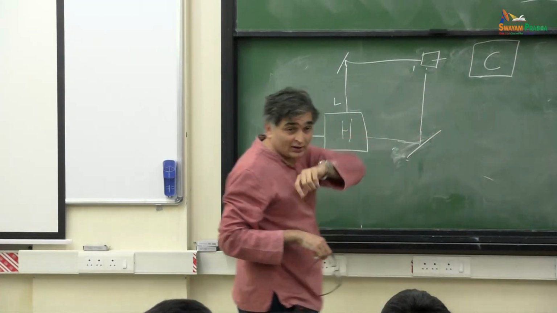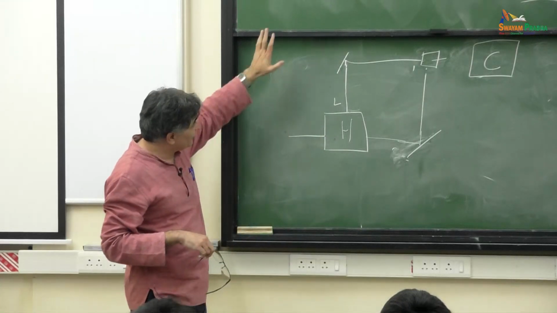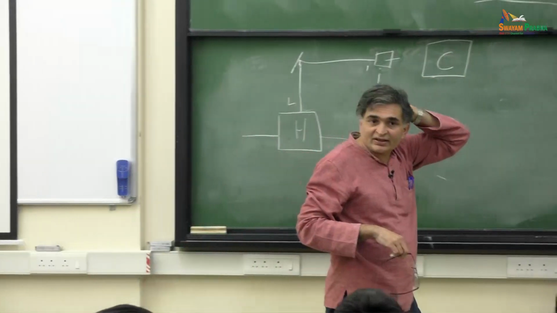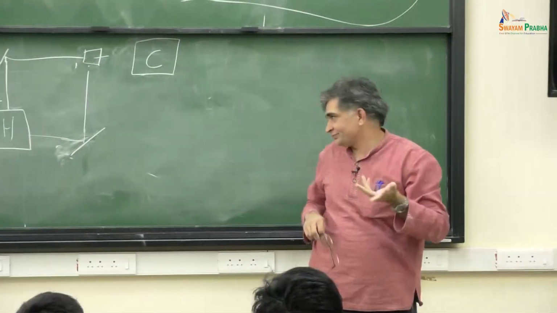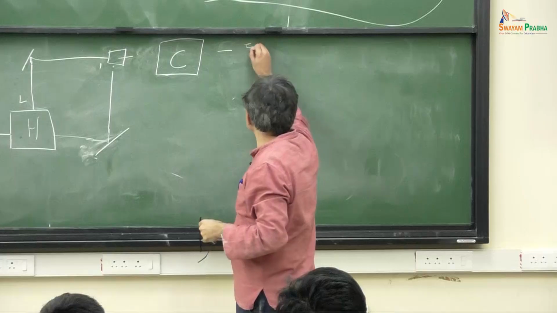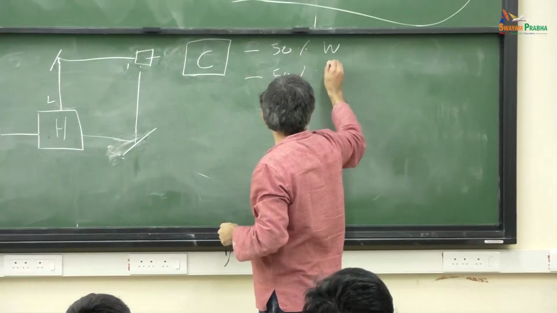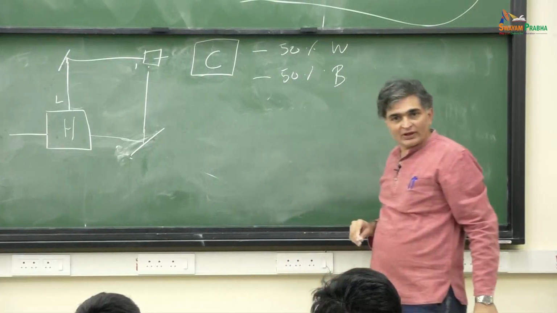Okay, so if I generally send an arbitrary electron, what will be my color statistic after this? 50% white. Okay.